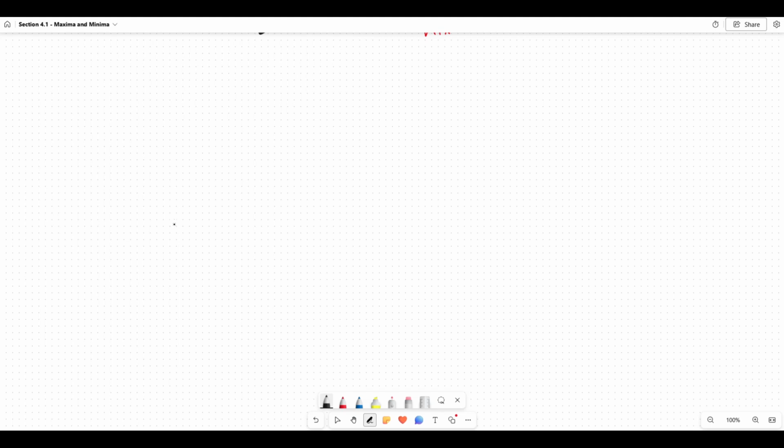Okay, so if I were to take a look at a graph like this, and for clarification's sake, let's say we are only going to take a look at it on an interval. Okay, so let's start labeling some pieces.